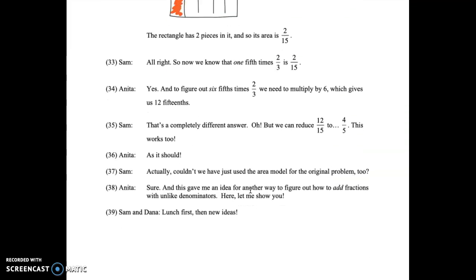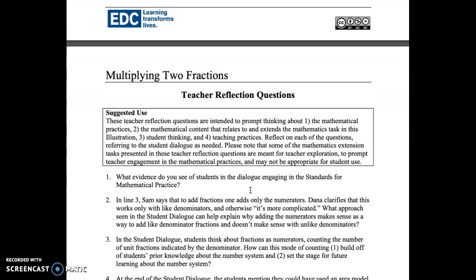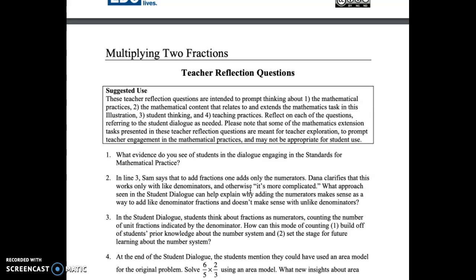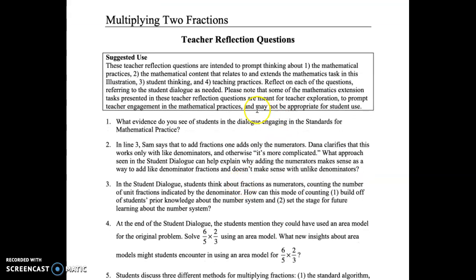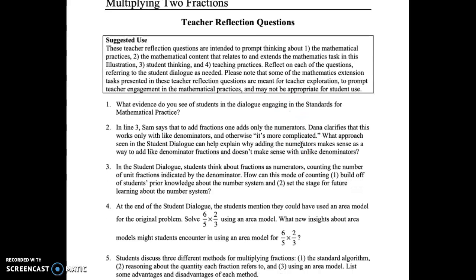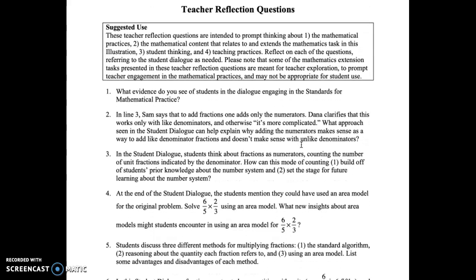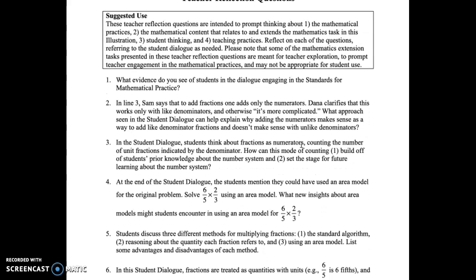These are helpful, again, thinking about what and how the children are learning, but also how you're learning these math concepts and how you would teach it. There are some teacher reflection questions here. And as you advance into your 4-year bachelor's program, resources like this will become really helpful.